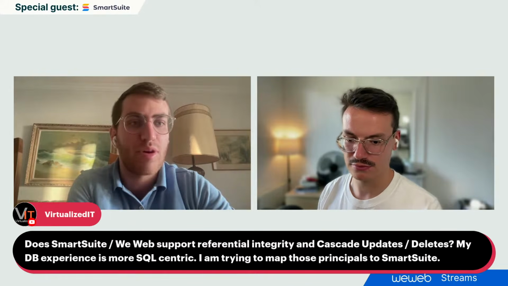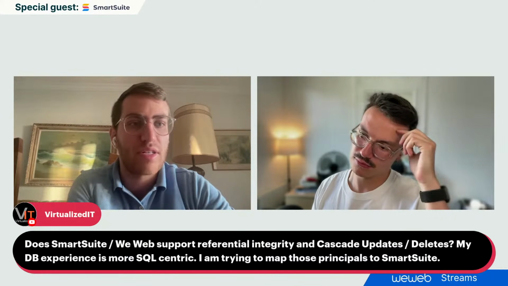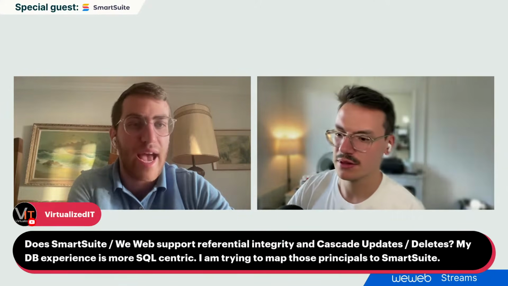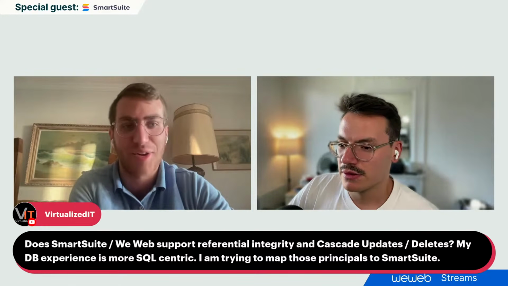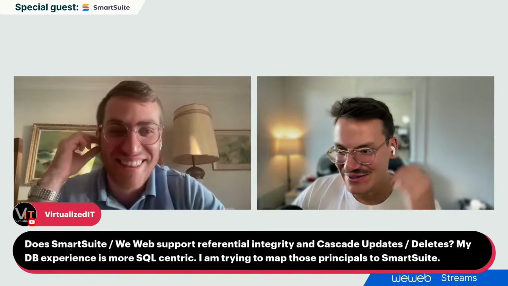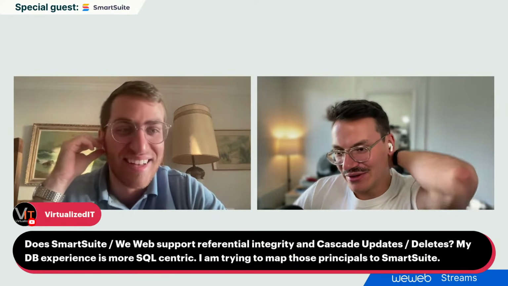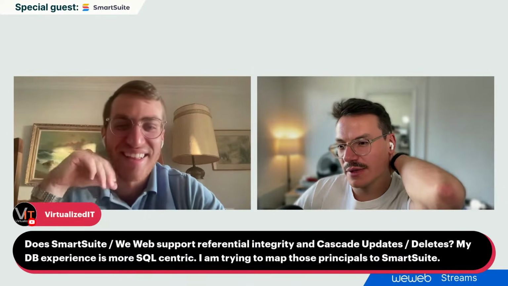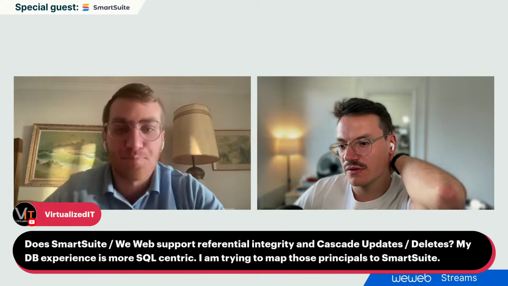I see we have a question that came in from Visualized IT. Does SmartSuite / WeWeb support referential integrity and cascade updates? I think this is more of a technical question. That's really technical, and hopefully I know this because I know SQL databases. The thing is, it depends on SmartSuite, so I won't be able to answer this.